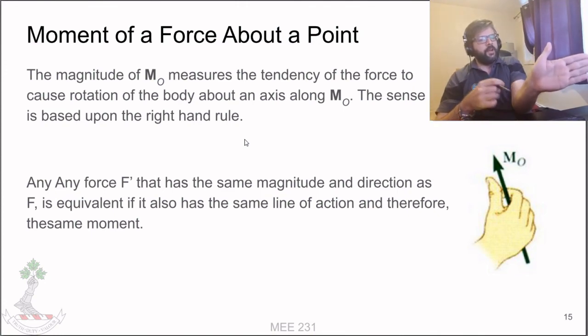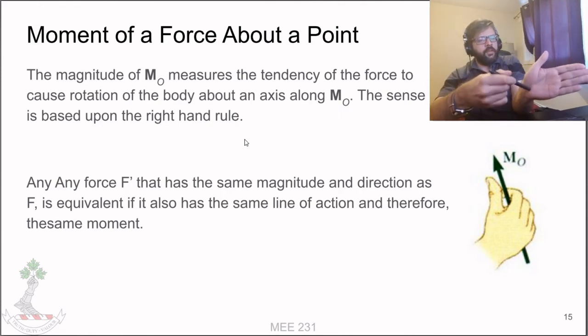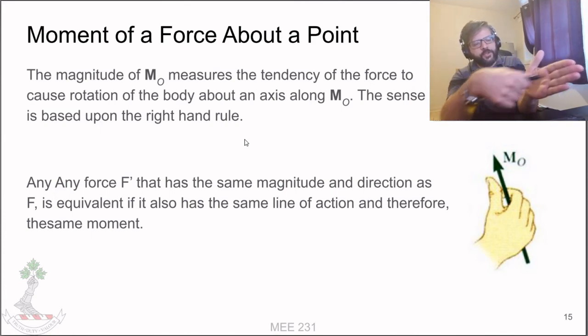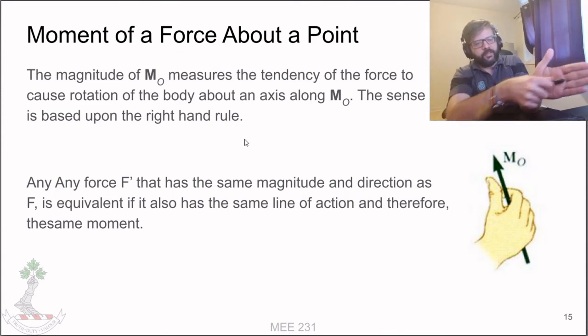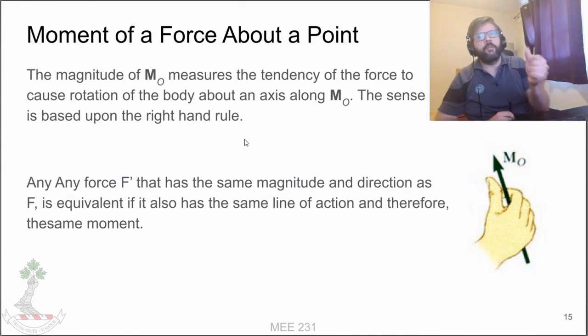So based upon the right-hand rule, the directionality of the displacement from the origin to where the force is applied is going along your fingers. The directionality of the force that's being applied is coming out of your palm, and then the moment vector is the orientation of your thumb.